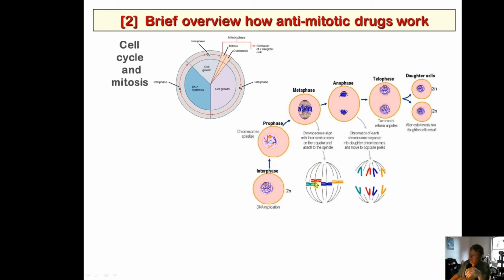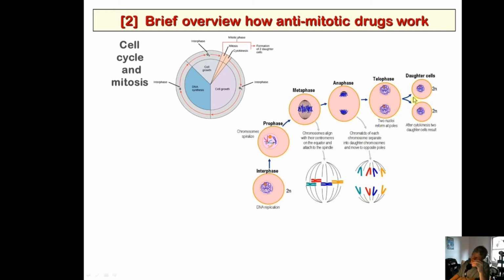Later, through a mechanical action, the chromosome pieces get separated, and then new cells get generated in telophase. So it goes from interphase to prophase to metaphase to anaphase, and the chromatids get separated, and then new cells get generated.